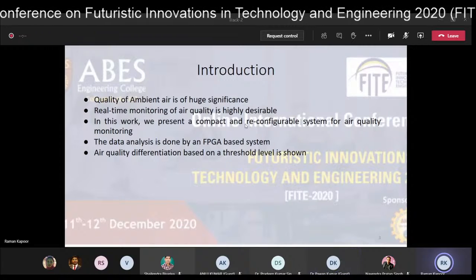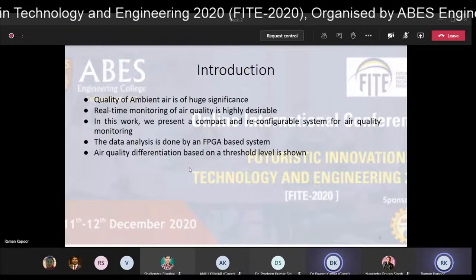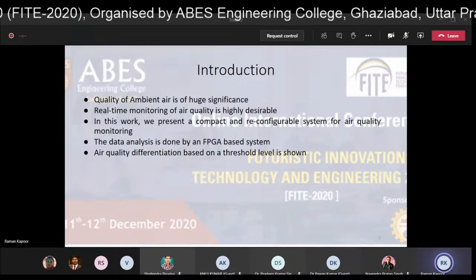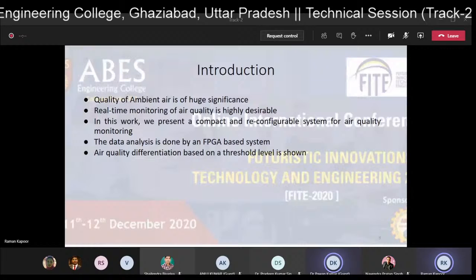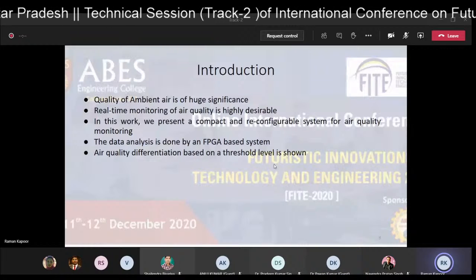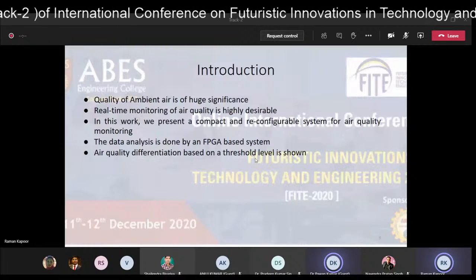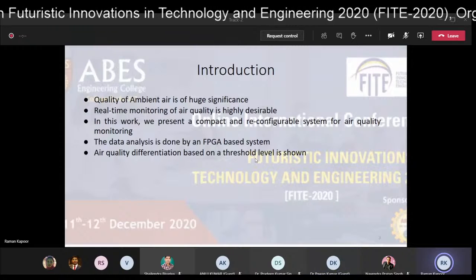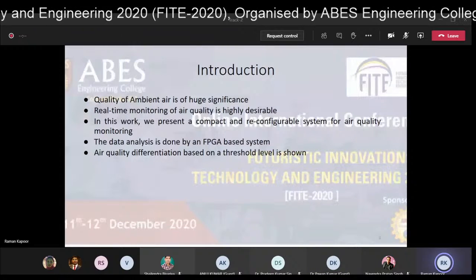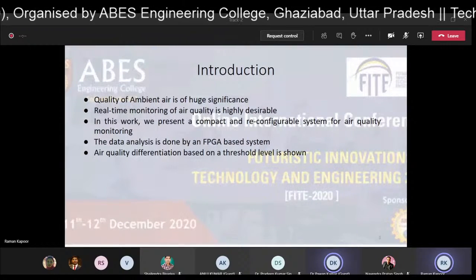We are showing 2 differentiations of air quality, but this can be modified by choosing different threshold levels, because different regions have different air quality. So the threshold level can also be defined.